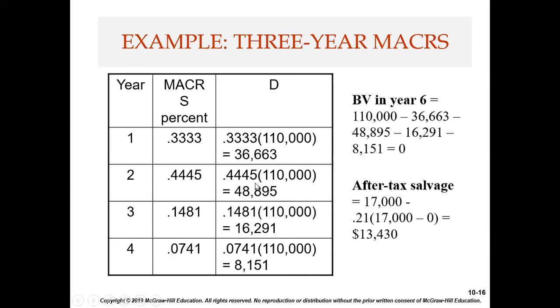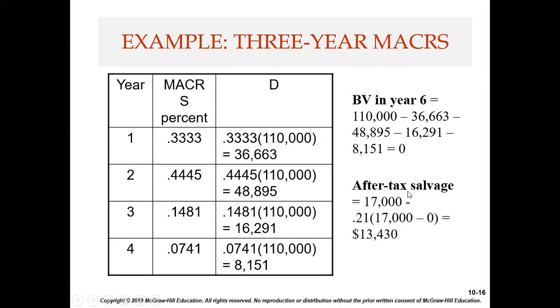If you add these 4 amounts up, they're going to equal $110,000. So under this scenario, they want to know, what's the depreciation each year if it was a 3-year class asset, we call that. We would calculate depreciation for 4 tax years and deduct it.